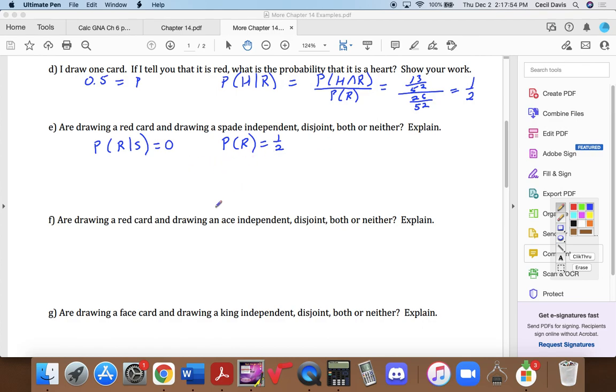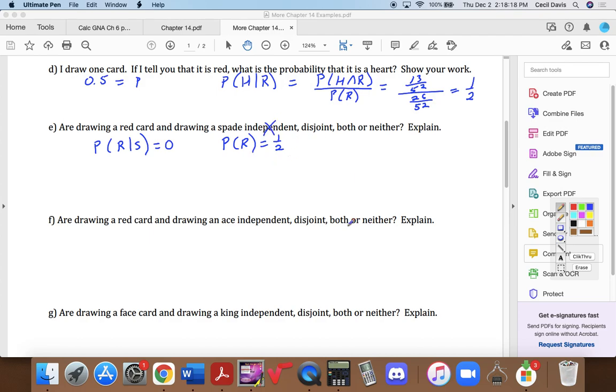Are these independent then? No. One half doesn't equal 0. So they're not independent.